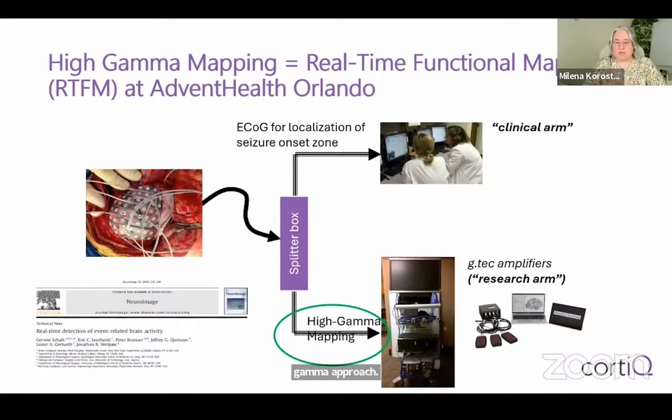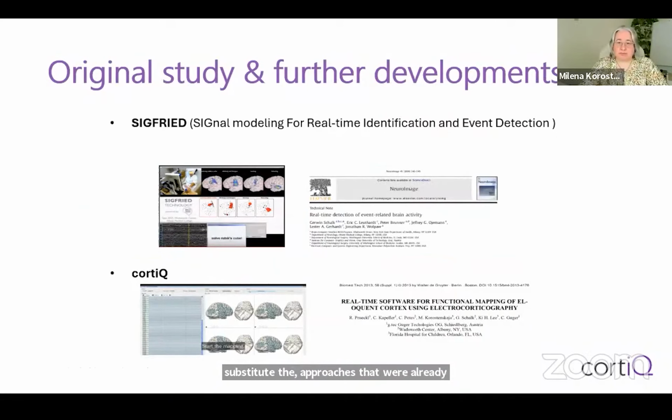It was the work of the g.tec team that worked with us on this project. We were also trying to find the best approaches for how to use this methodology, and how it can complement or maybe even sometimes substitute the approaches that were already developed, like for example, cortical stimulation.